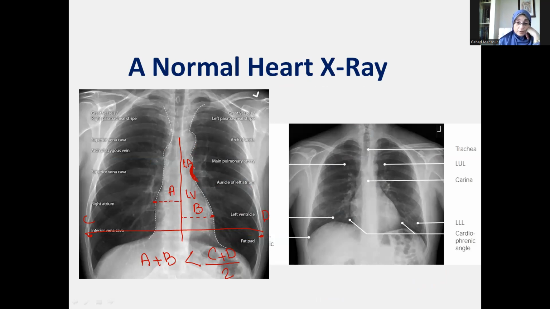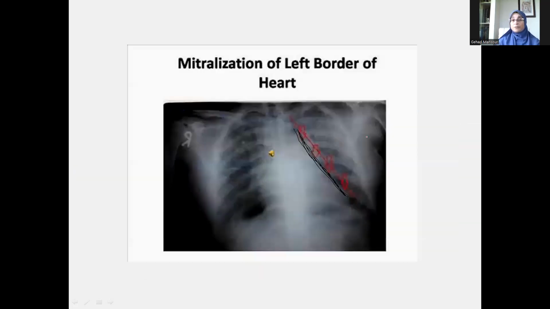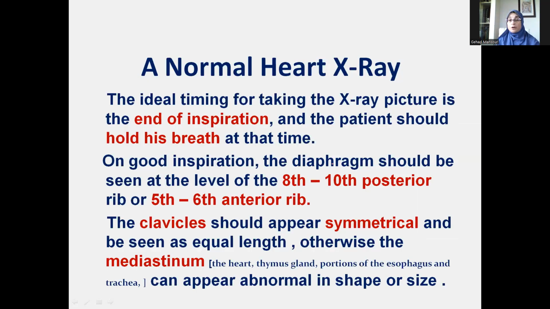If that concavity does not exist and the border is more or less straightened, then this is what we call mitralization. So what's meant by mitralization of the left border of the heart? It is straightening of the left border of the heart because of enlargement of the left atrium.